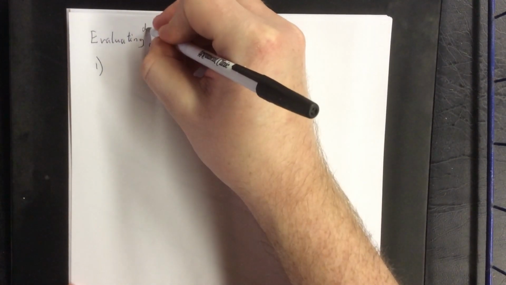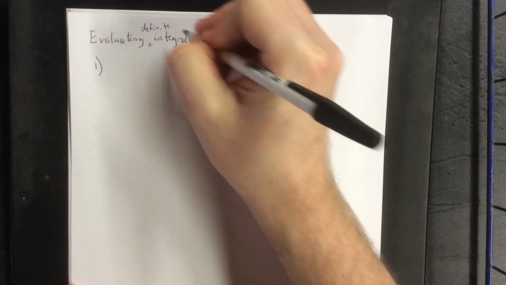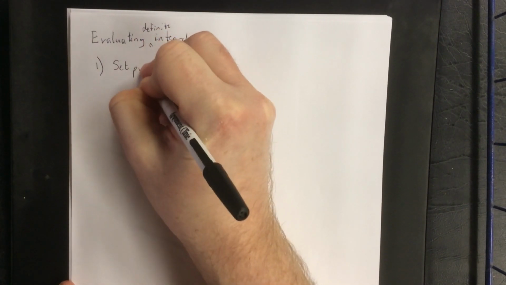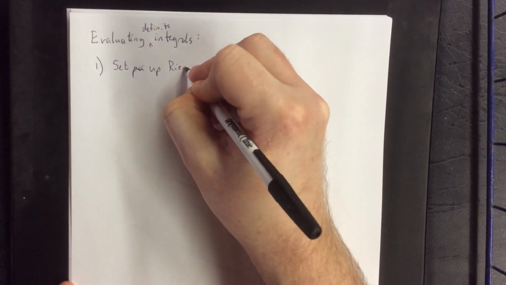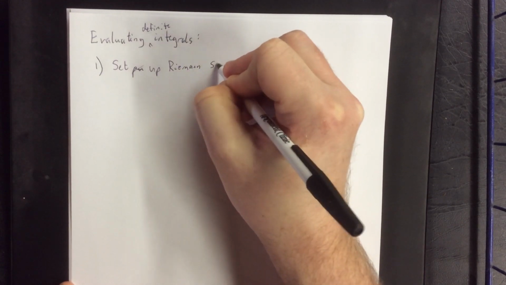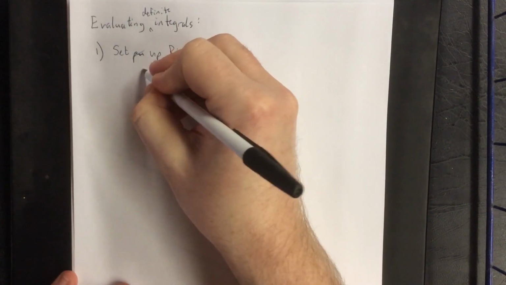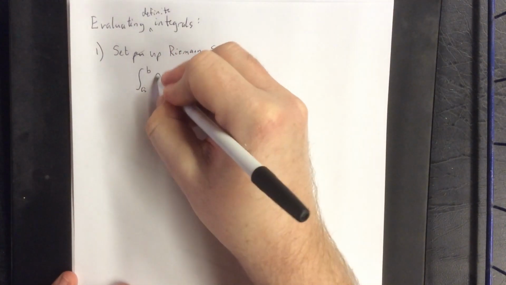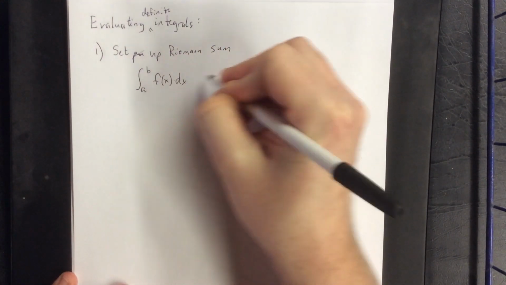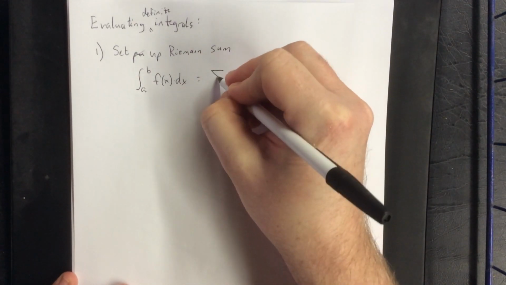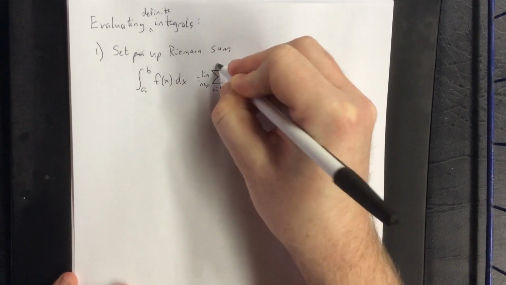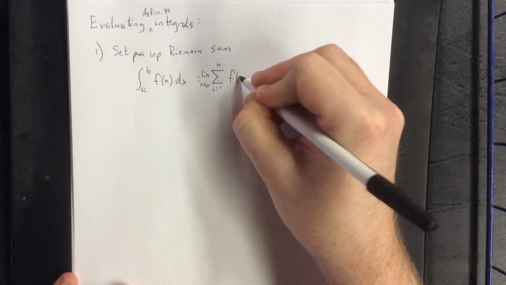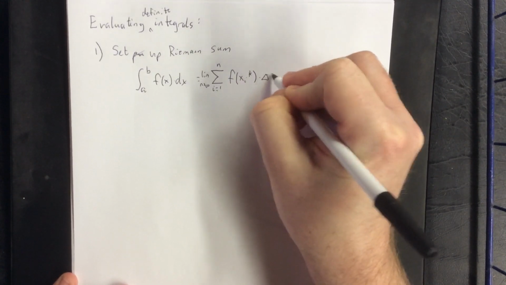Setting up the Riemann sum is to say, let's take the definite integral from a to b of f of x times dx, and we'll set this up as the limit as n goes to infinity of the sum from i equals 1 to n of f of x sub i star times delta x.